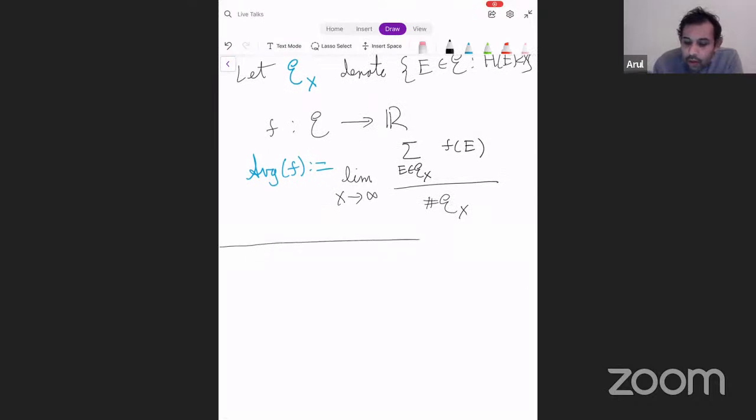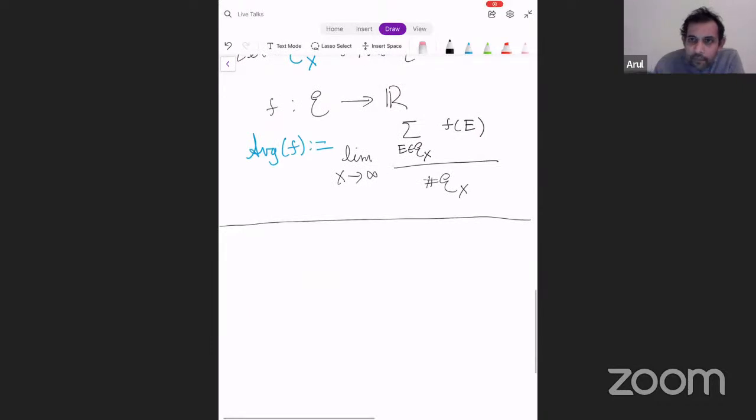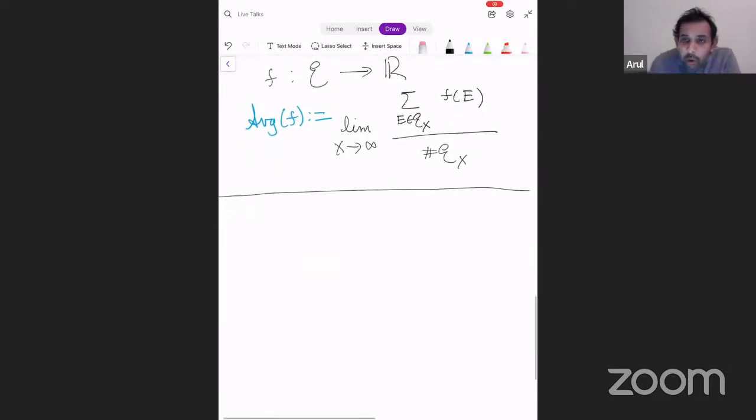Okay. So what kind of functions do we want to average over elliptic curves? So let me start telling you about some very interesting properties of elliptic curves over Q. So we already know that the Q points of an elliptic curve form an abelian group. And here is a beautiful theorem that's due to Mordell.